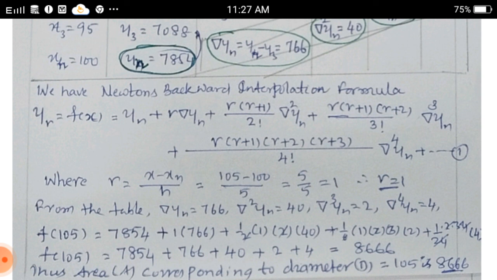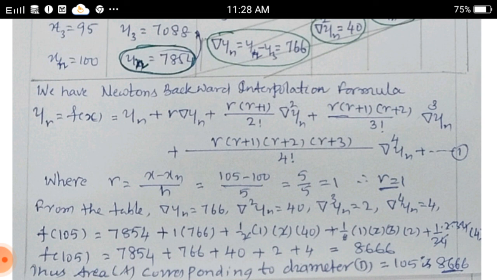We call it as 1. Where x is equal to xn plus rh, we know. So x minus xn is equal to rh. Therefore r is equal to (x minus xn) divided by h. Substitute: the value of y at x is equal to 105.